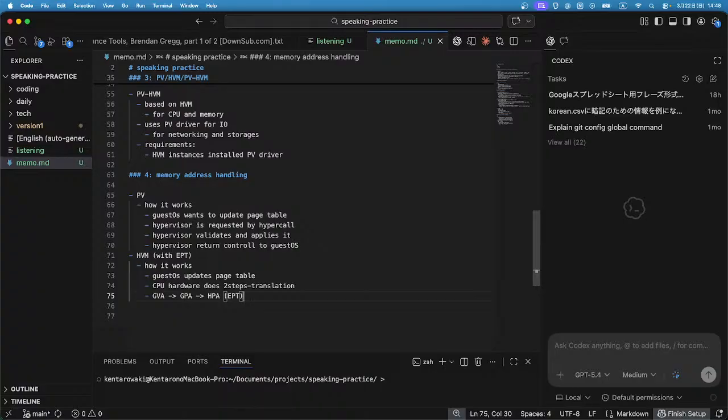So there is no hypervisor in this process. Okay.